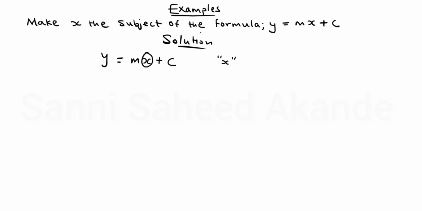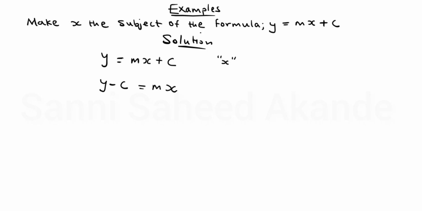What I'm going to do now is take this c to the left hand side. At the right hand side the sign of c is plus, but once I take it to the left hand side the sign will change to minus. So I have y minus c is equal to mx. There's only one thing hindering us from getting the value of x, which is m.